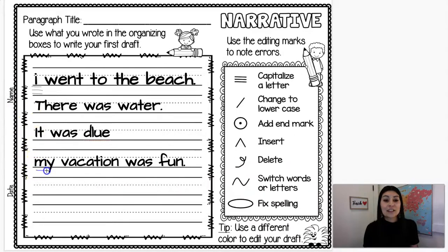So I'm going to put 3 lines to tell my brain that I need to have a capital there. So what I would like you to do is press pause and go to the beginning of each sentence and see, do I have a capital letter? And if you don't, put 3 lines under it to tell your brain, I need to fix that.